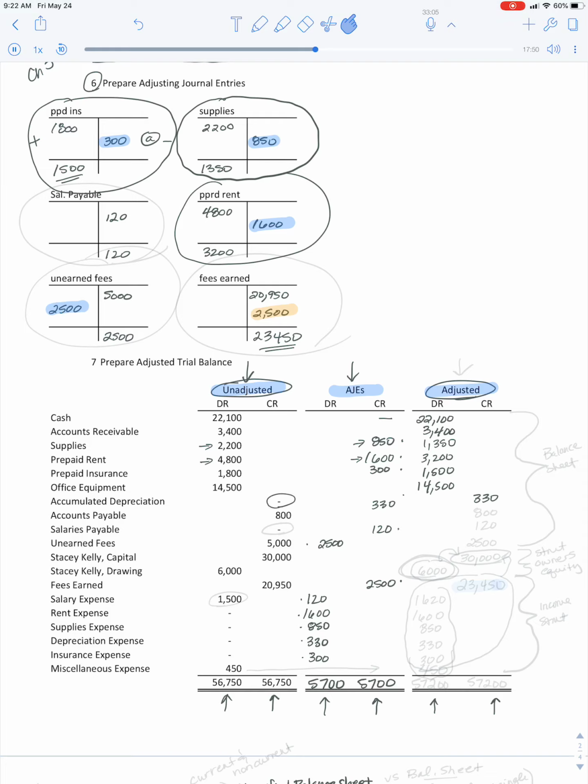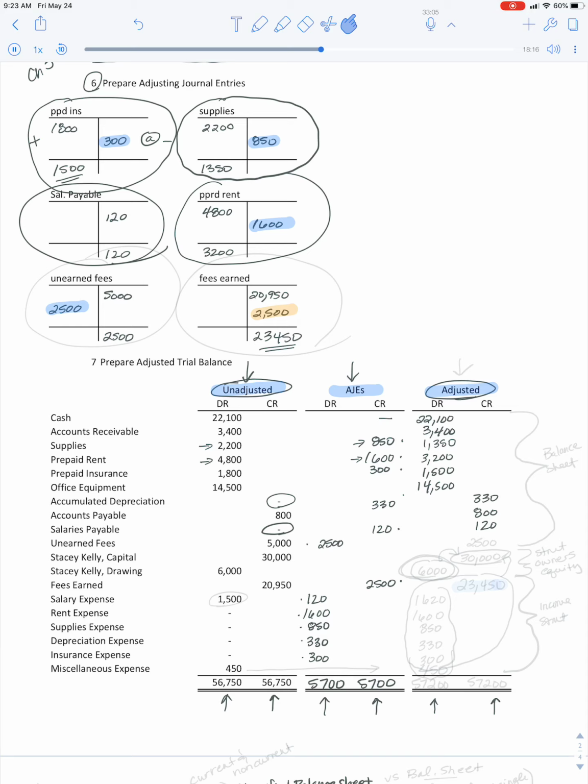And then the same with accounts payable. We didn't adjust it, and it had a beginning balance of $800. Salary started off with a zero balance. We credited it for $120, so now that's what's in that account, which is what we had right here, salary payable. Okay, unearned fees. We started off with $5,000.